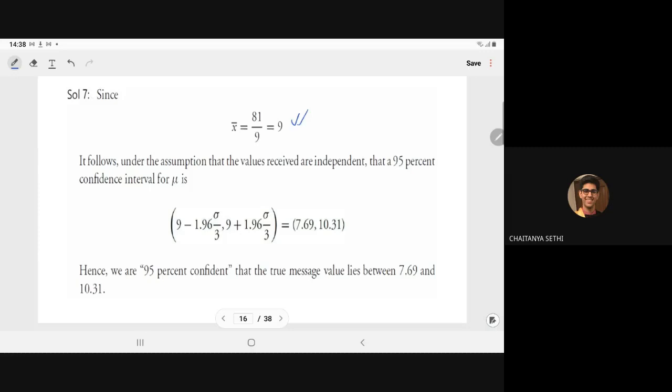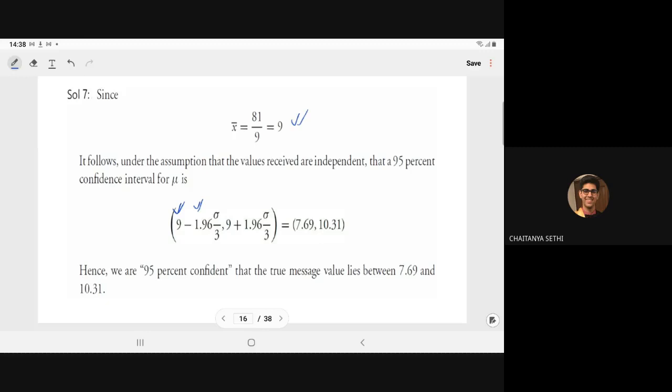It follows, under the assumption that the values received are independent, that a 95% confidence interval for mu is x bar plus minus z alpha by 2 into sigma upon root n. So that will become 7.69 and 10.31.